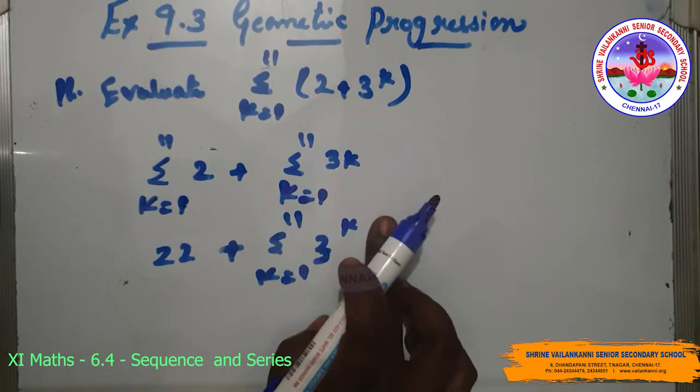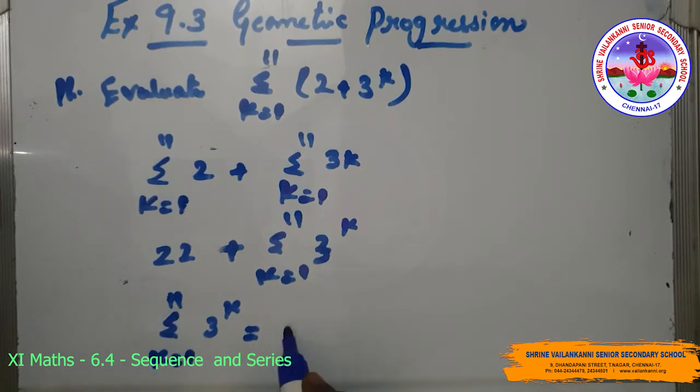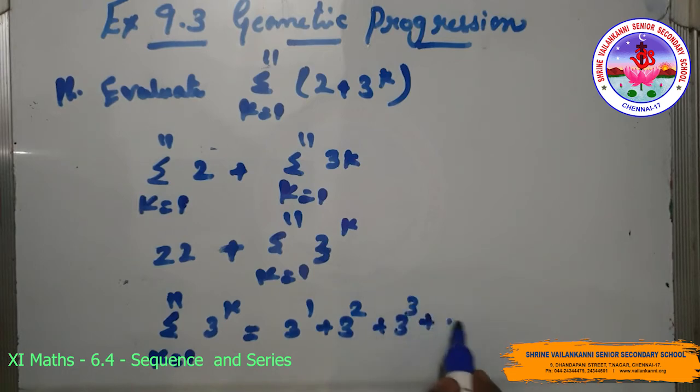Now we have to obtain the value of the sum of 3 power k. Sigma k equal to 1 to 11, 3 power k, is equal to, substituting the values k equal to 1, 2, 3, etcetera till 11, 3 power 1 plus 3 power 2 plus 3 power 3, etcetera, up to 3 power 11.